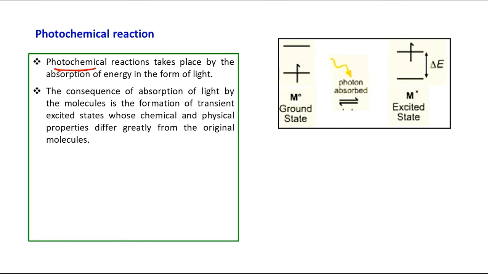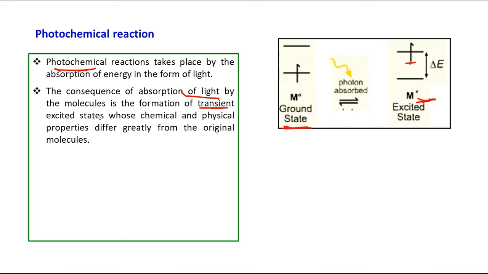In this case it is in the form of light. The consequence of absorption of light is that the molecule present in the ground state forms a transient excited state, whose chemical and physical properties are completely different from the original molecule.